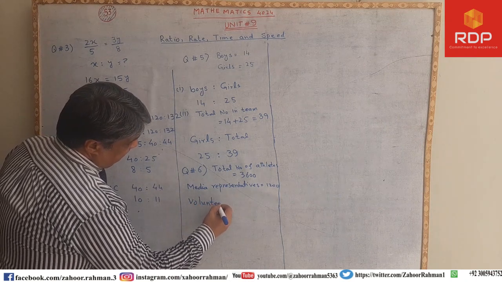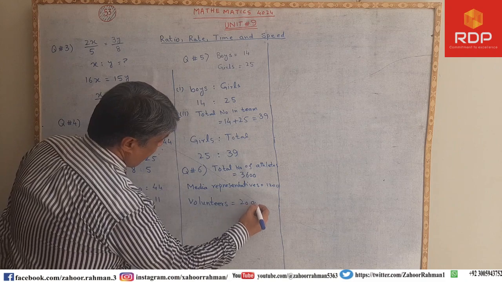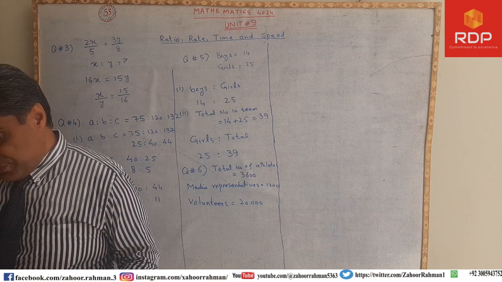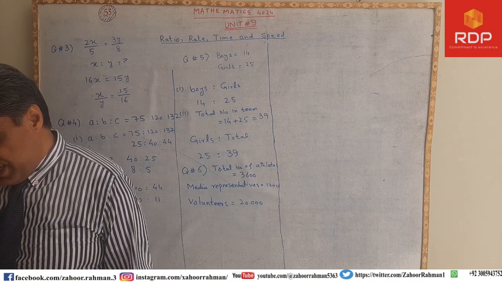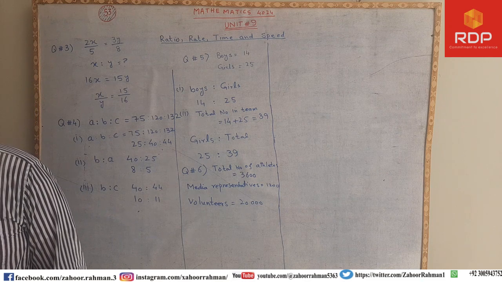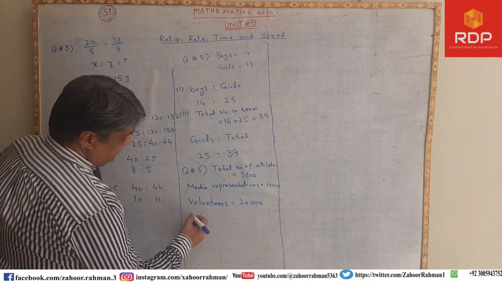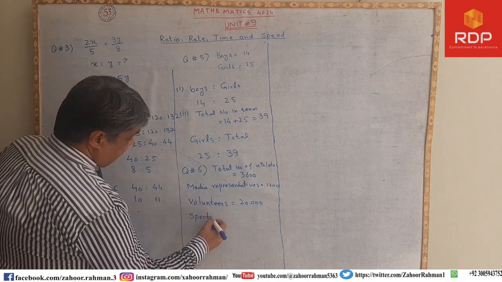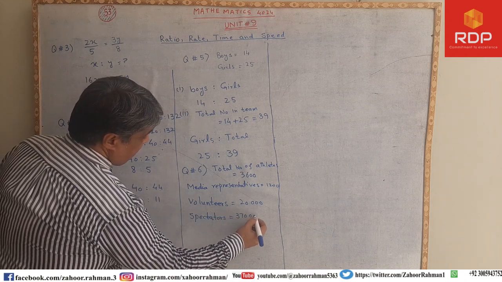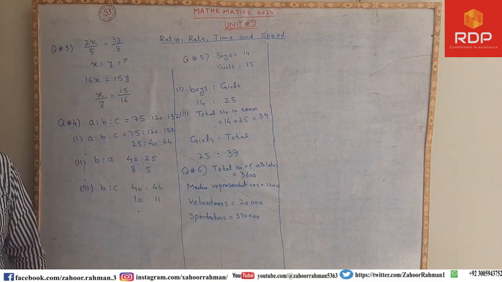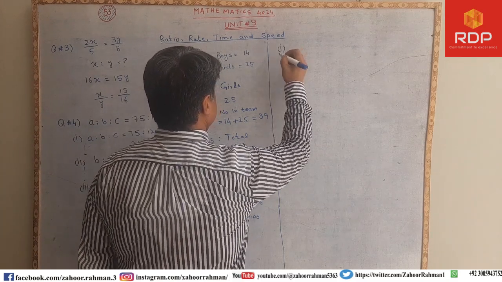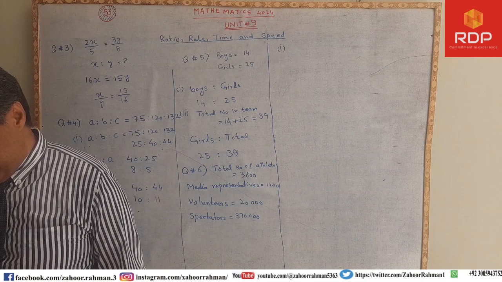There are 20,000 volunteers who helped out during the games, and 370,000 spectators. Spectators are equal to 370,000.